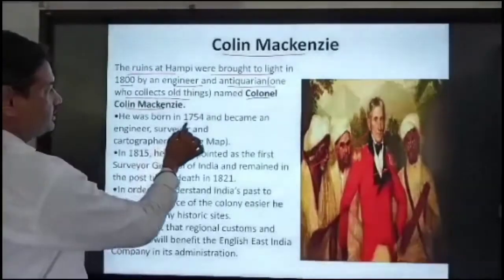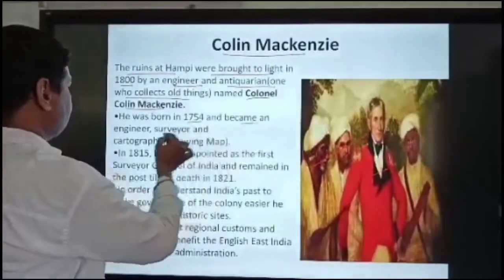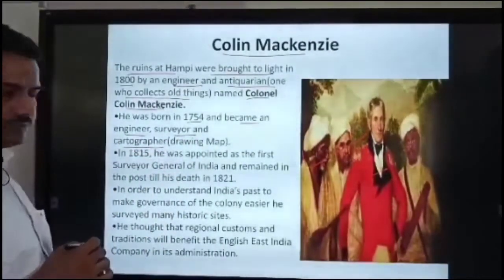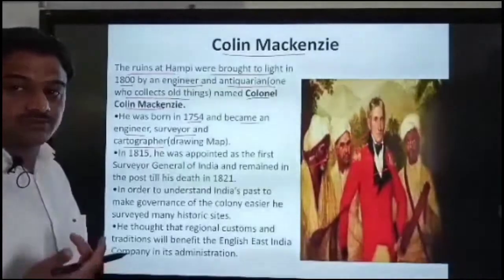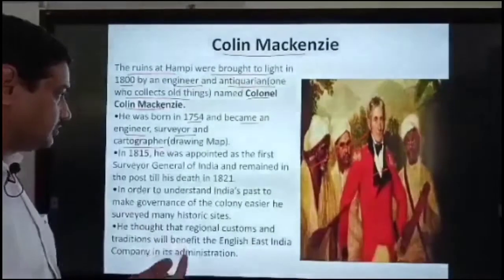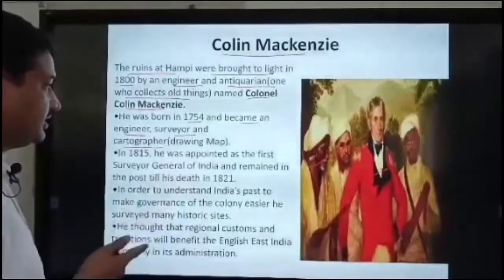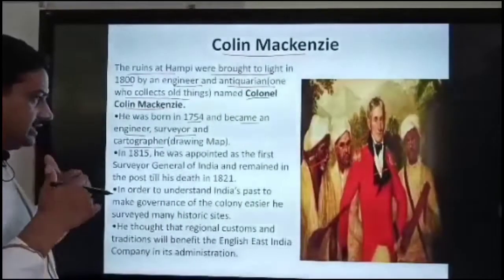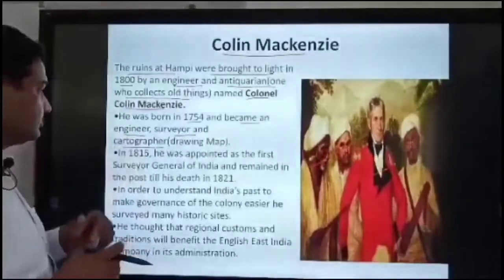He was born in 1754 and became an engineer, surveyor and cartographer. Cartographers are the people who design maps, who draw the map of a particular area. So he surveyed that area and he prepared a topo sheet of that area. He told us about the ruins of that area.